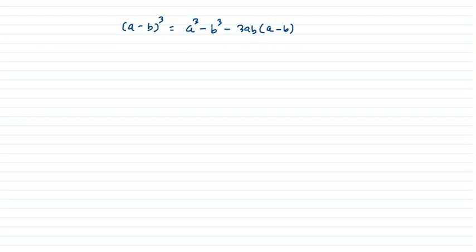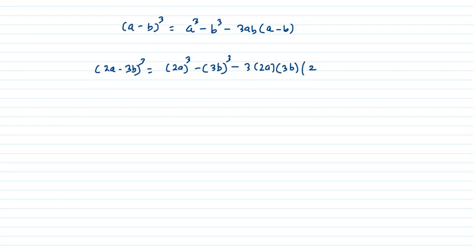So now if you have the same kind of question, let's take (2a minus 3b) whole cube. First term cube, that means (2a) cube minus (3b) cube minus 3, first term 2a, second term 3b. Always I say first term, second term, same thing you have to rhyme.